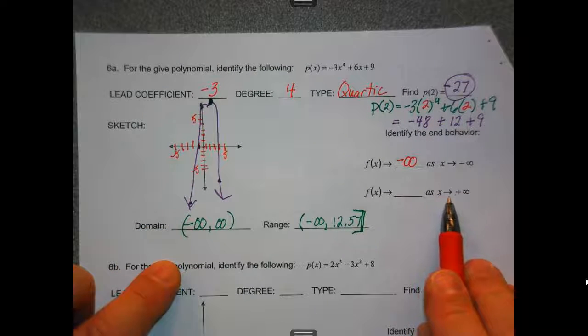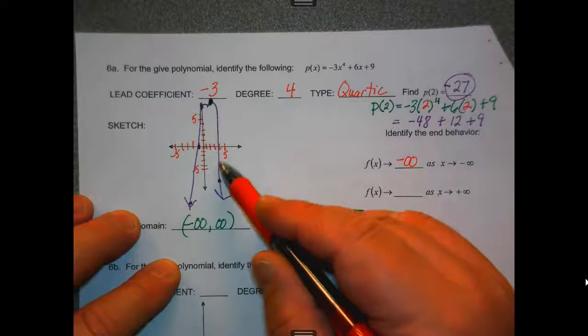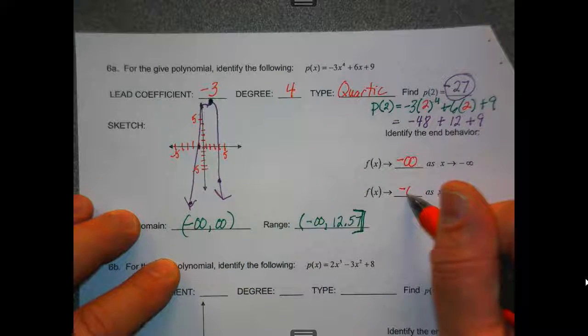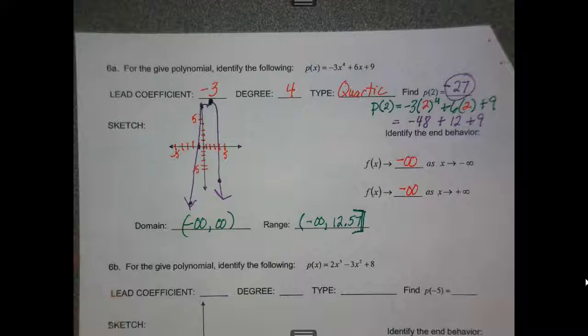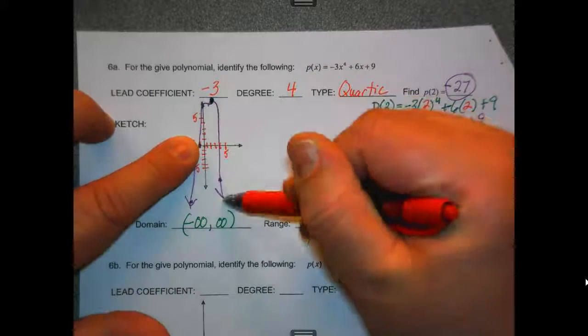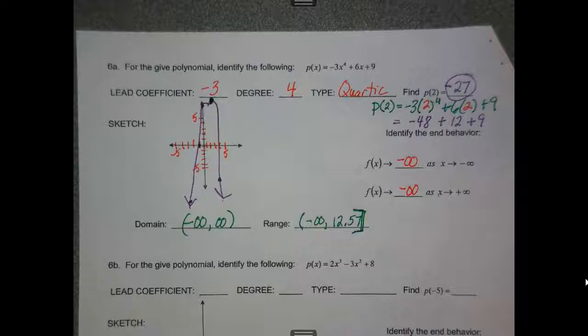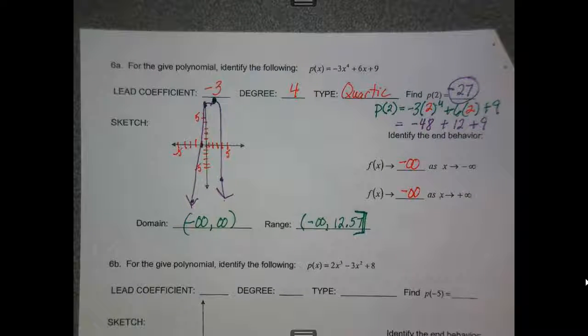As my x goes to the right, my graph goes to negative infinity. Right? As my x goes to the right, it goes to negative infinity. Questions, comments, concerns? That was a pretty involved one.